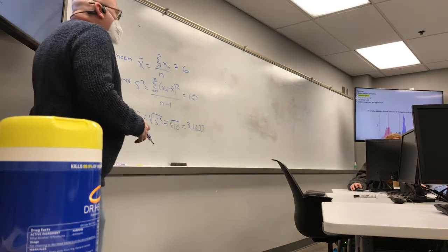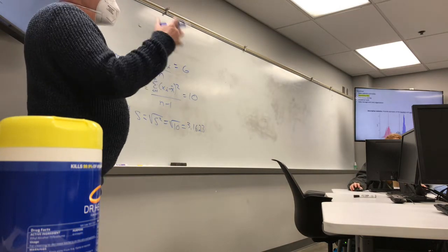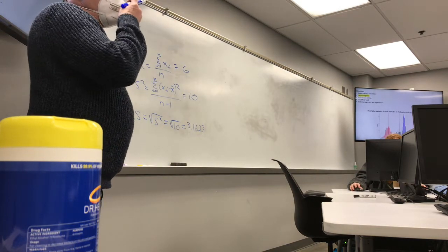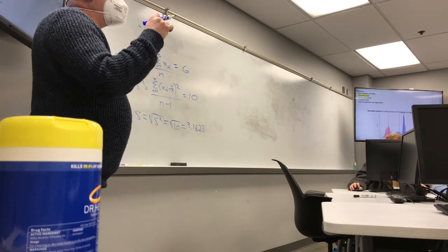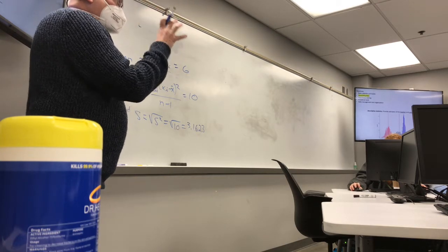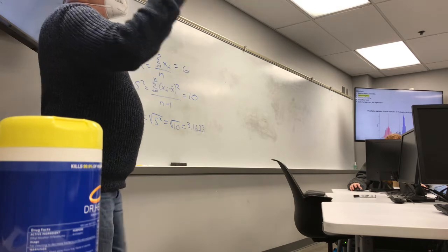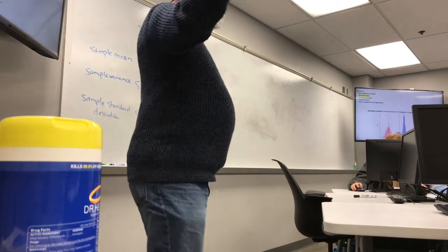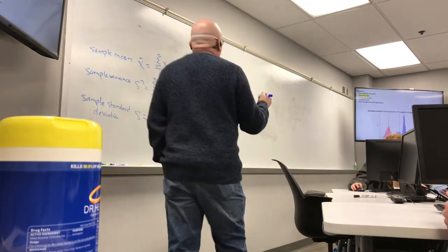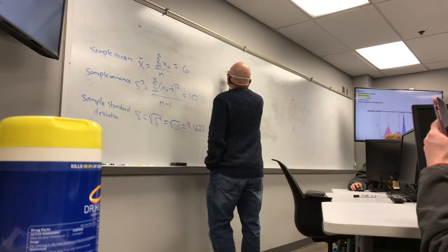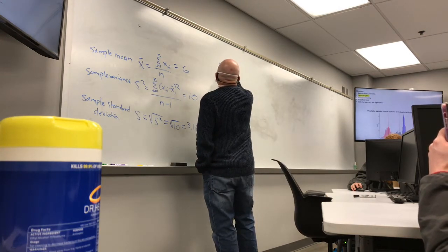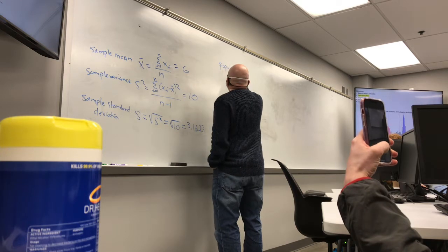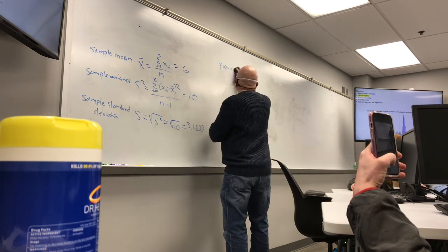So in all of these cases, we're using the sample to extrapolate to the population. And here in a minute, we are going to make that transition from talking about the sample to talking about the population. But remember, we're trying to get a picture of the population.